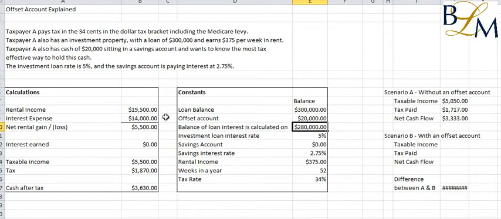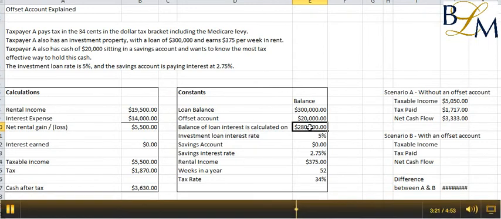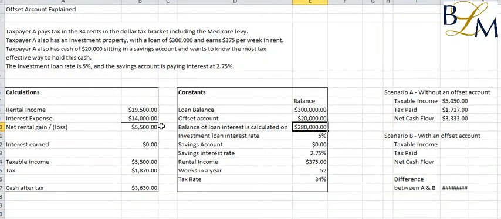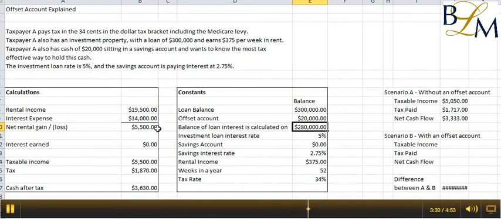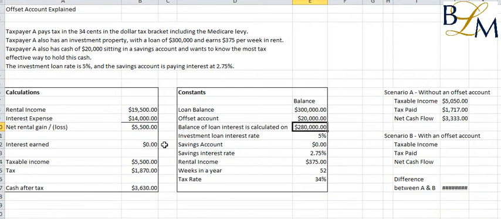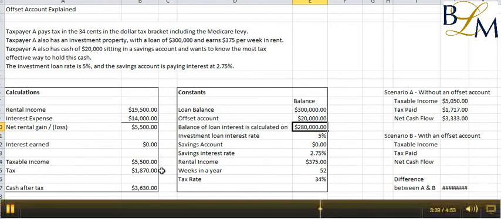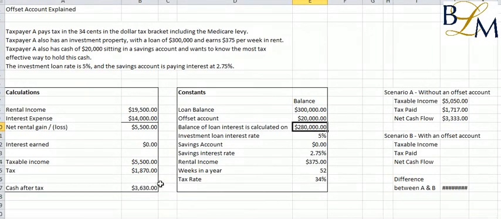Interest expense has decreased from $15,000 to $14,000, as the taxpayer is now paying interest on the balance of $280,000 as opposed to in scenario A where they were paying interest on $300,000. So their net rental gain has increased by $1,000. Interest earned is 0. They have no money in the savings account, so therefore their taxable income is $5,500. They pay tax of $1,870 on that, giving us our net after-tax cash flow of $3,630.